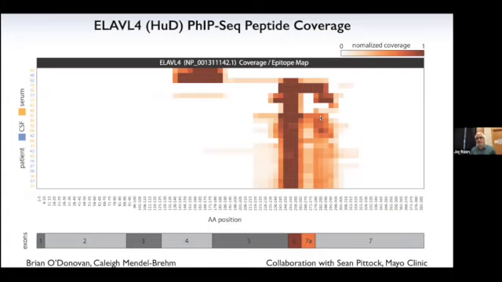And what you can see is that by using this peptide-based approach, you can get a really nice coverage map of where the reactivity is. So it was a really nice way to figure out what was really going on, what the underlying biology was in the case of this patient.